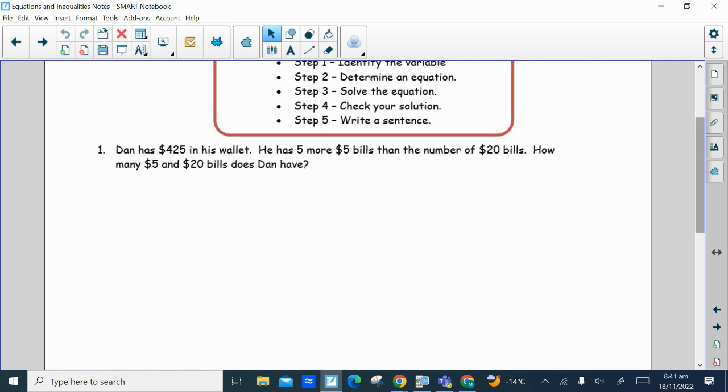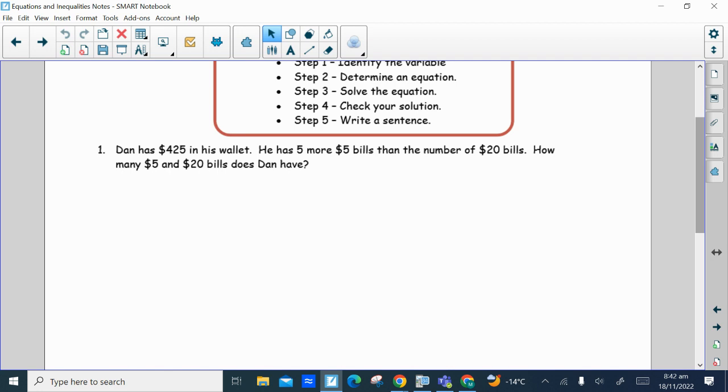What you need to look at is you need to see that one thing is compared to the other. In this case, we are told that he has 5 more $5 bills than the number of $20 bills. So let's just say he had 10 $20 bills. How many $5 bills would he have then? 15, 5 more, right?